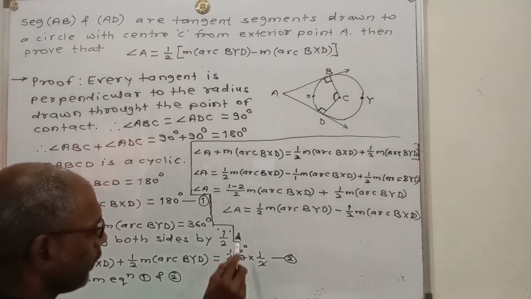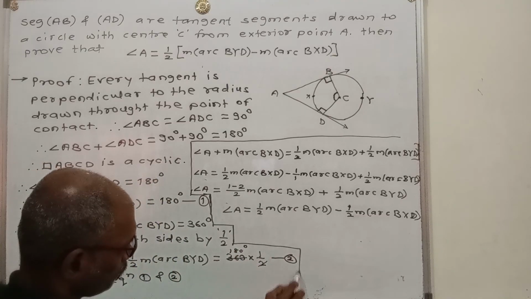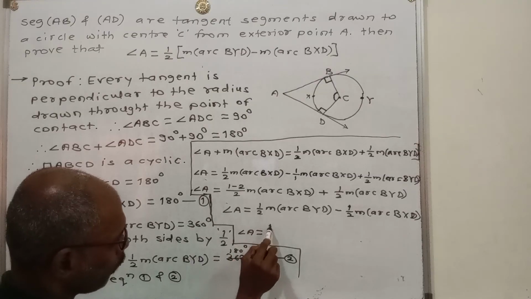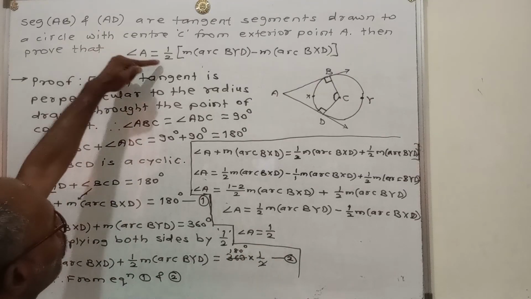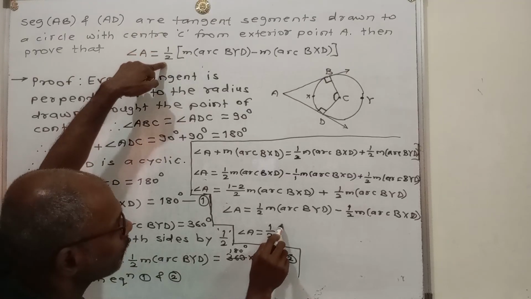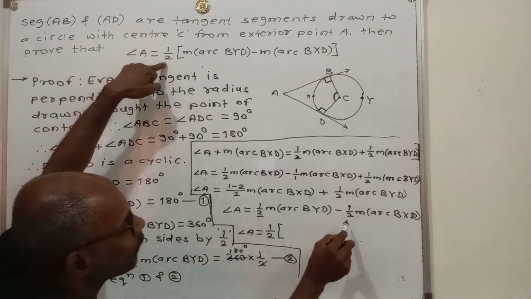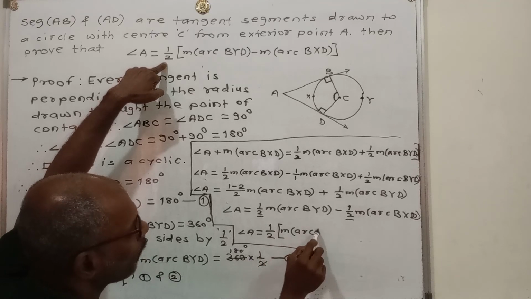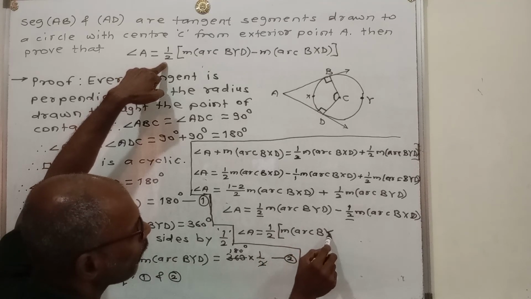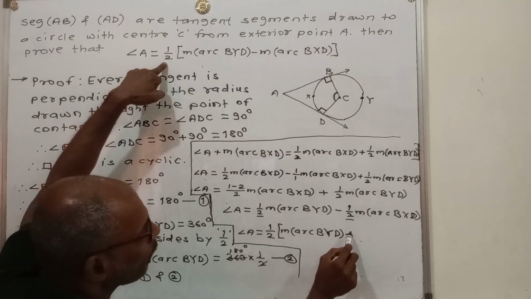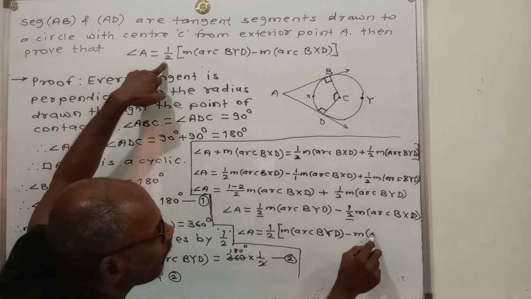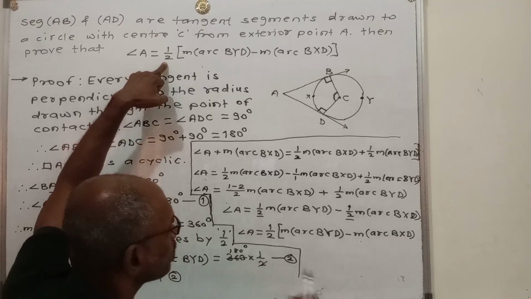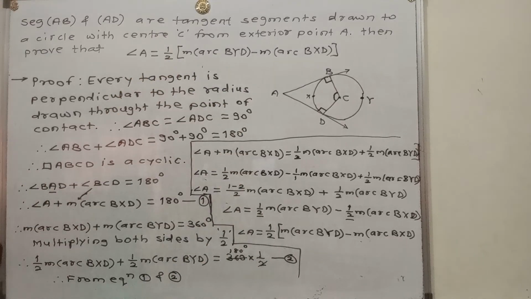Therefore, angle A is equal to 1/2 common. This is common. What is left here is minus major arc BXD. This is our to prove.